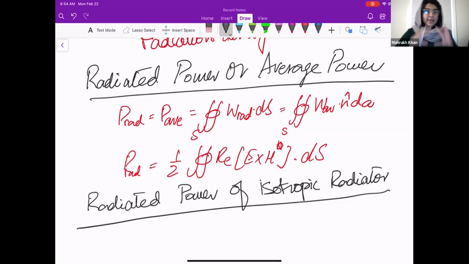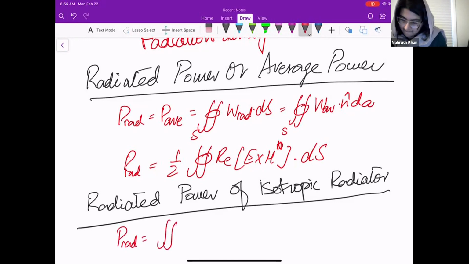Isotropic radiator means that it will radiate in all directions, all angles. So it's like a sphere, right? If I'm trying to find its radiated power, I will take 0 to 2 pi for phi, 0 to pi for theta.